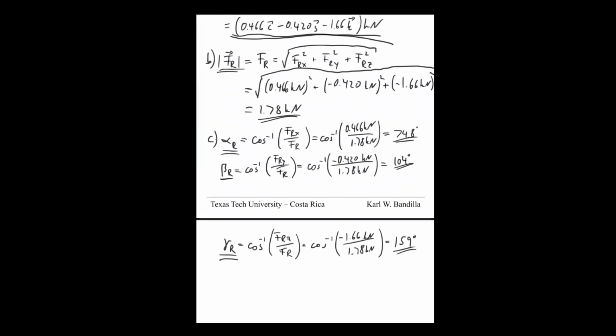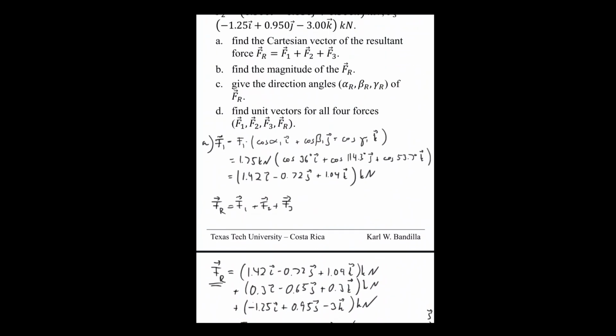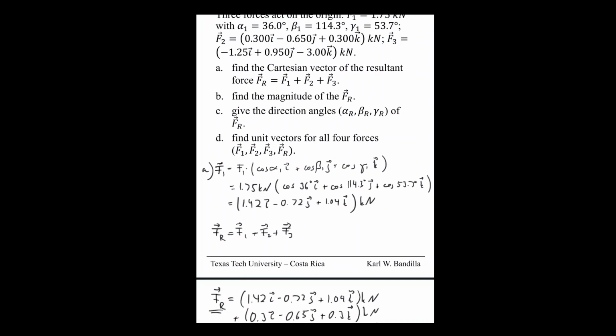All right, with that we have our three directional angles.